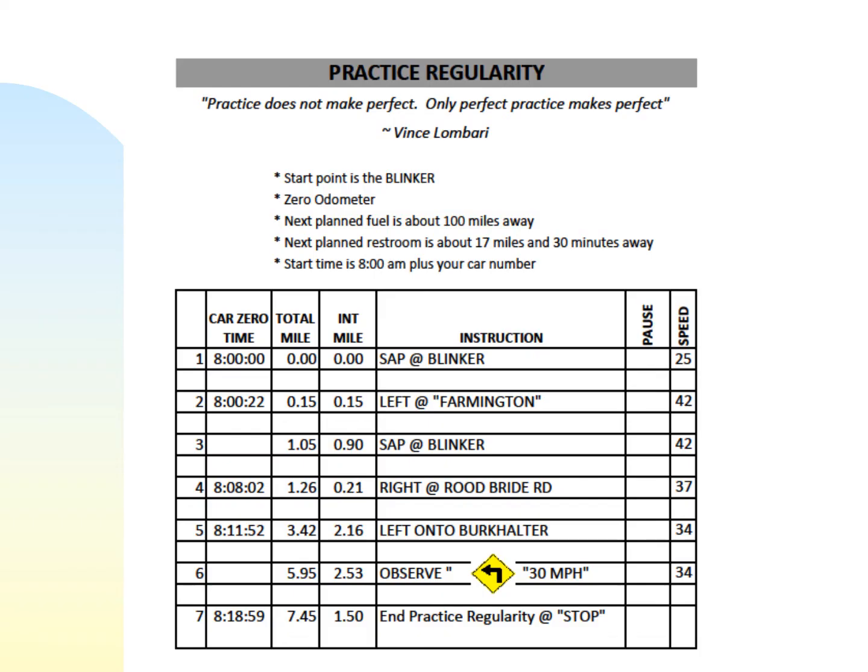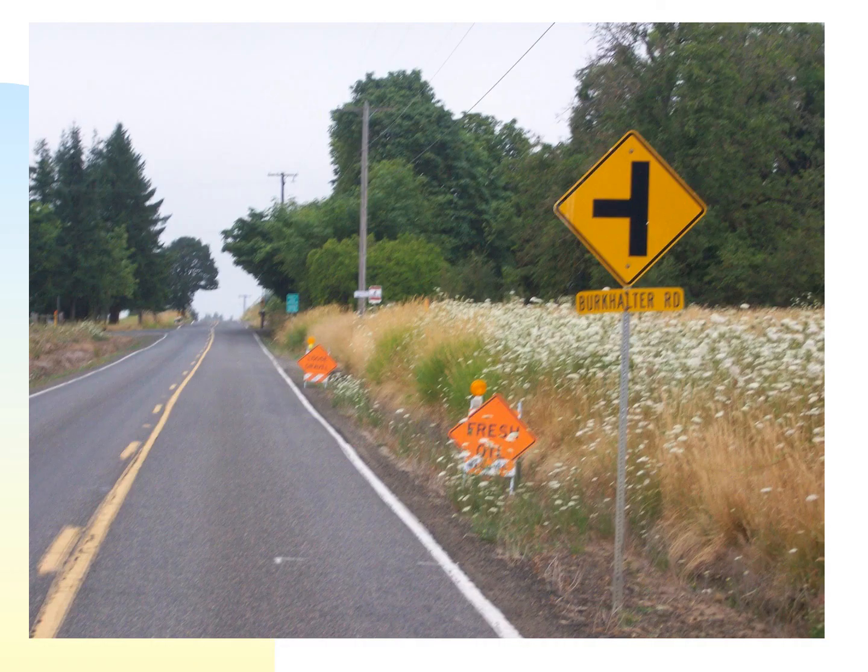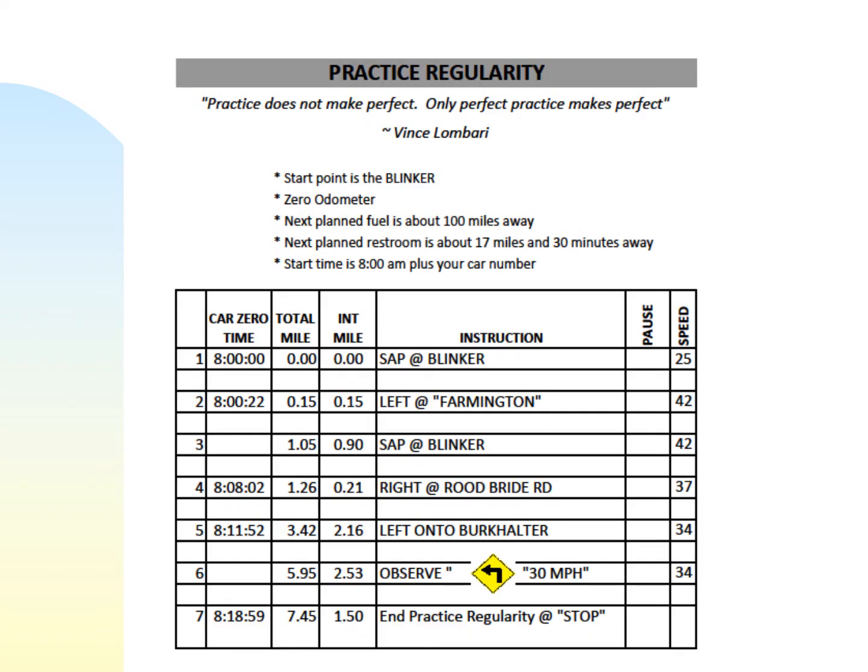So we execute our right at Woodbridge Road, and we start averaging 37 miles an hour. And we start looking to go left onto Burkhalter at 3.42. We approach this intersection. This shows us that Burkhalter is going to go to the left. So we execute our left onto Burkhalter.